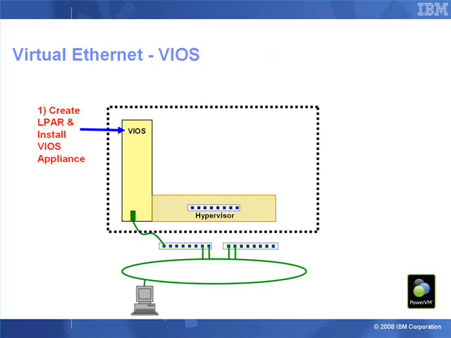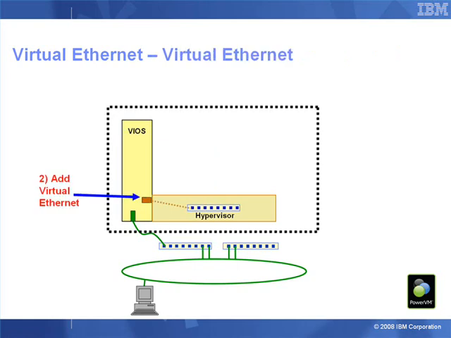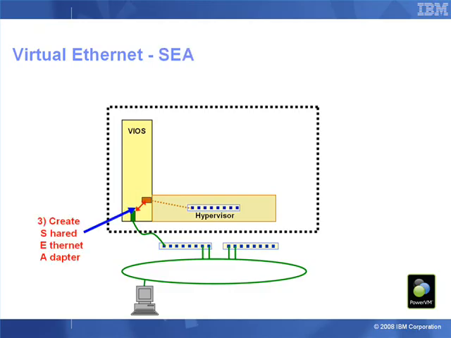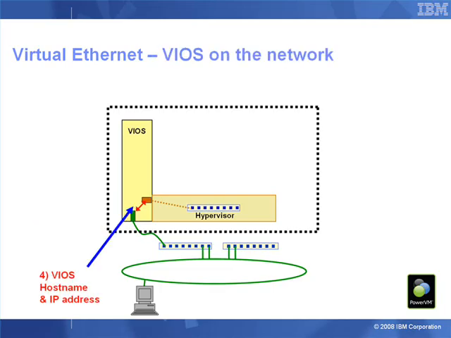First, we'll create a logical partition which is being activated for virtual I/O server, and then we'll install the virtual I/O server itself. Next, we'll add a virtual Ethernet adapter to the virtual I/O server. Then we'll create a shared Ethernet adapter. This will bridge between the physical and virtual networks.